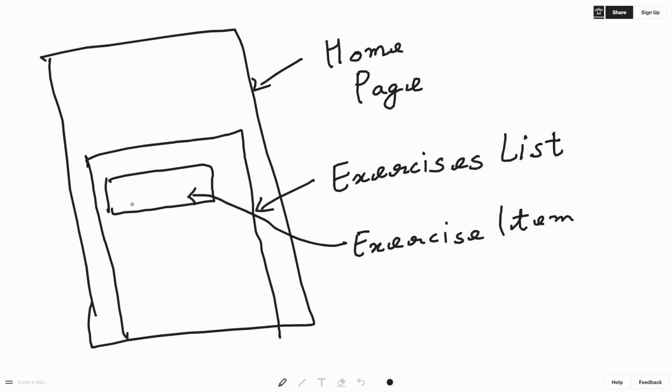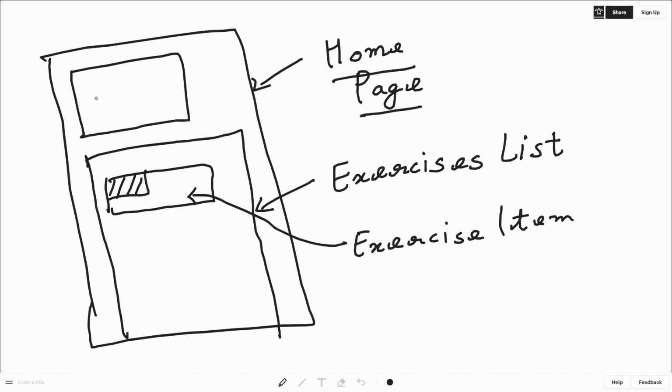So each of our exercise item components will have this delete button. Now to basically provide the functionality for deletion, we need to define a deletion handler, right? So all the exercises that we fetch from our local JSON store are managed as state within our homepage component. And inside the homepage component, we will define our delete handler.